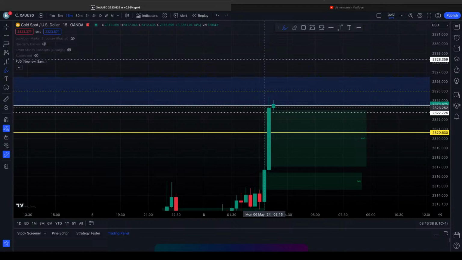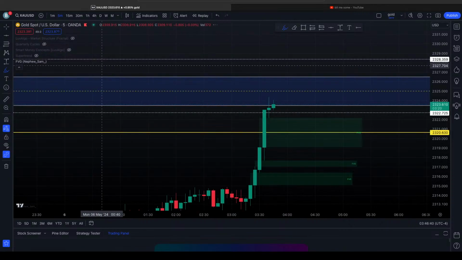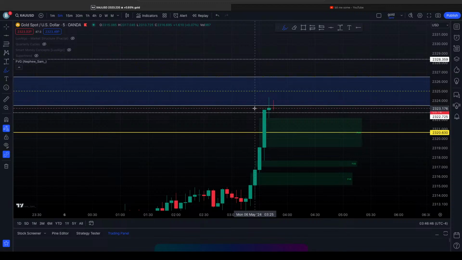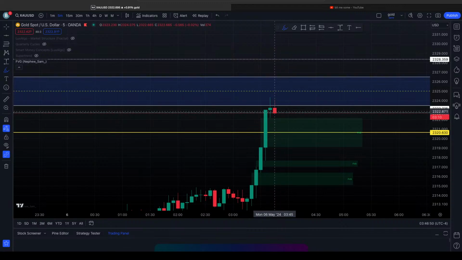Damn. So that was the flip again. Like I said, if we could get this to close respecting this area, and then the next one closes green, then I'll probably take it on the break of that high, just for something quick.